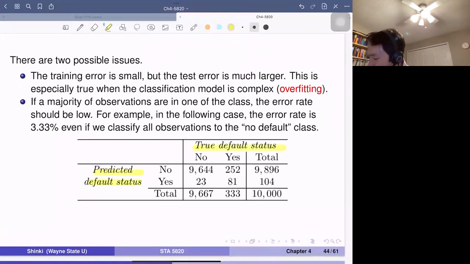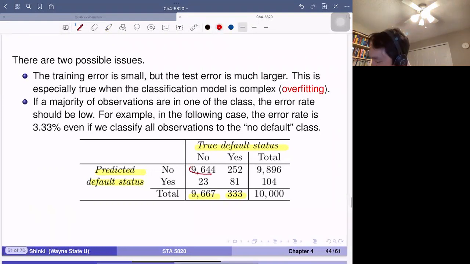In fact, we have 303 people in default, and 9,667 people not in default. And the predicted classes are, okay, so here. We can say that this group and this group are classified correctly because both no or both yes. So 9,750 are classified correctly, but it's not really that good.